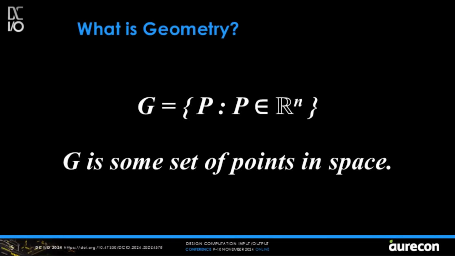I'm pretty sure that a lot of you might not be able to understand it, but effectively what is being said is that if I can construct some set of points, like a point cloud or a curve, which is an infinite set of points, or a surface, which is an infinite set of points, or a mesh that has an infinite set of points on it, then that is a super broad definition of what constitutes geometry. And this definition is powerful in its broadness.